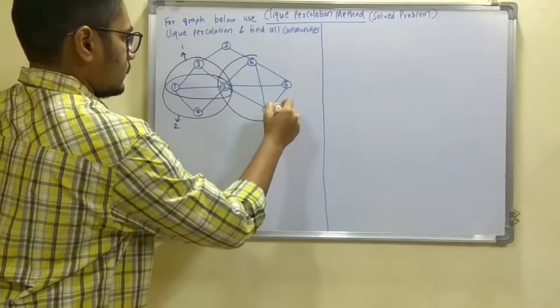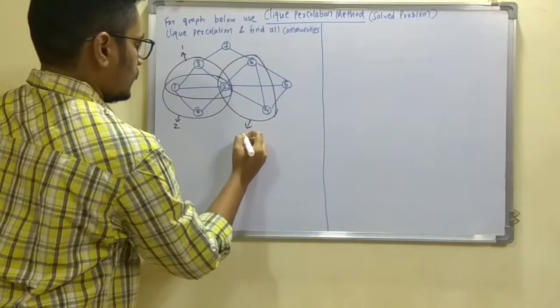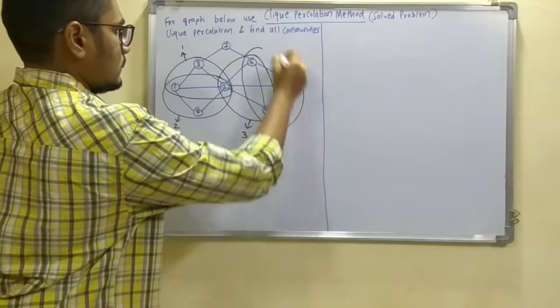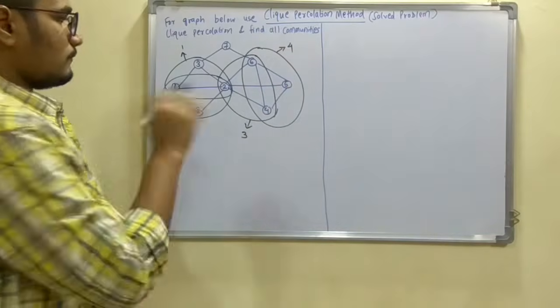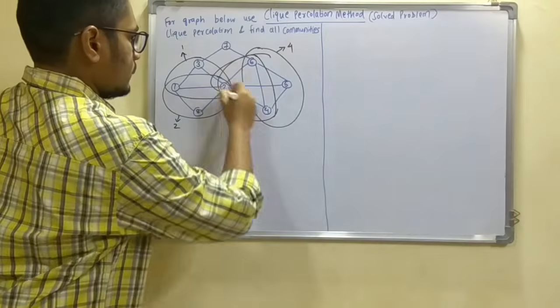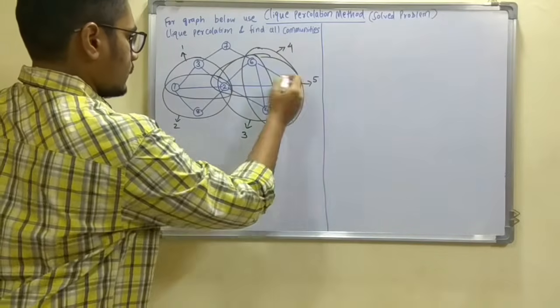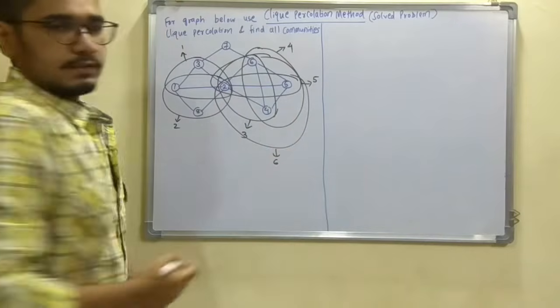This one, that is 2, 6 and 4, is another clique of size 3. This clique is also of size 3. This one, that is 2, 6, 5, is the fifth clique, and this one, that is 2, 5, 4, is the sixth clique.